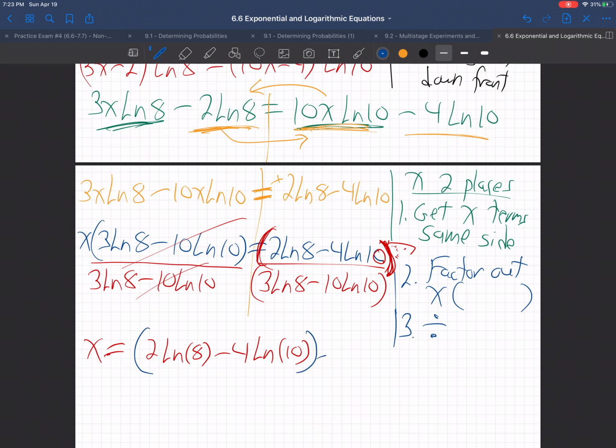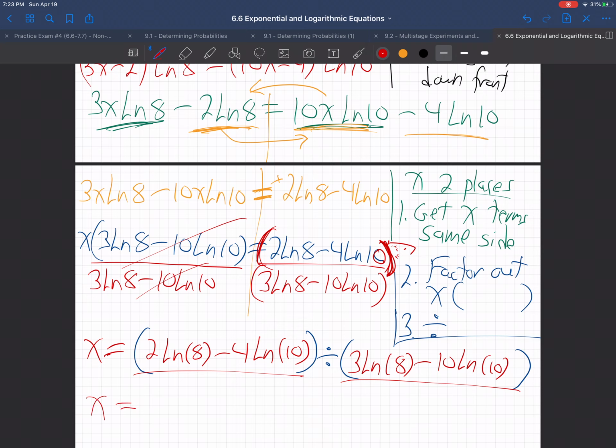Those parentheses divided by these parentheses, and then the denominator, 3 ln parenthesis 8 minus 10 ln parenthesis 10. So you need the blue parentheses for the whole numerator and the whole denominator, dividing like that on your calculator. So I'll do it also and tell you what I get.